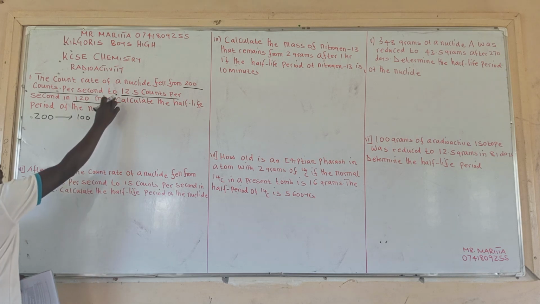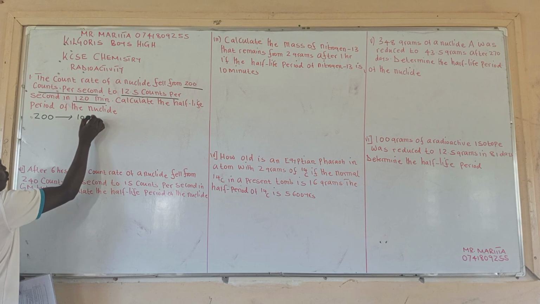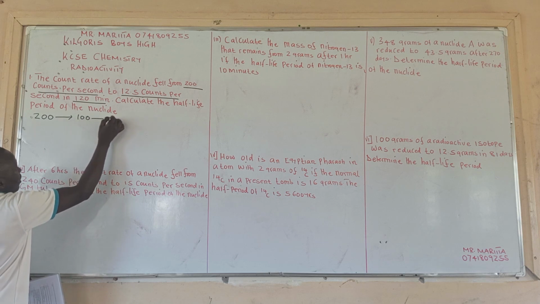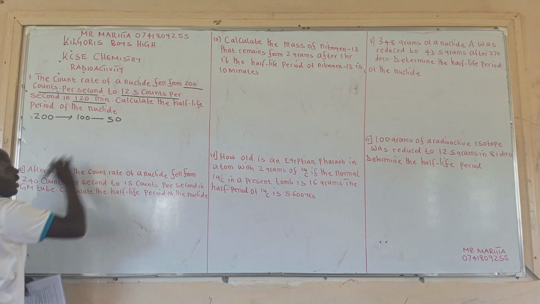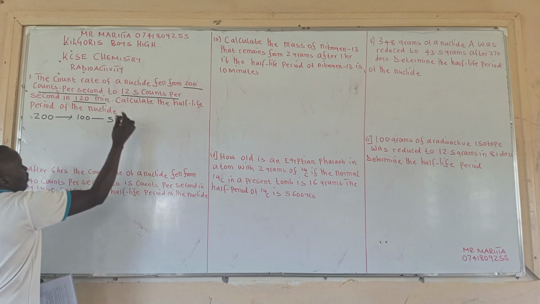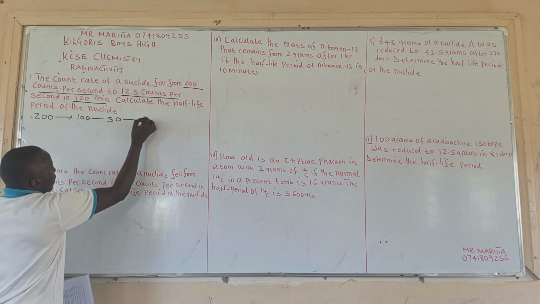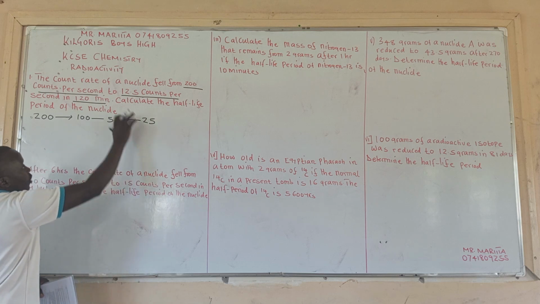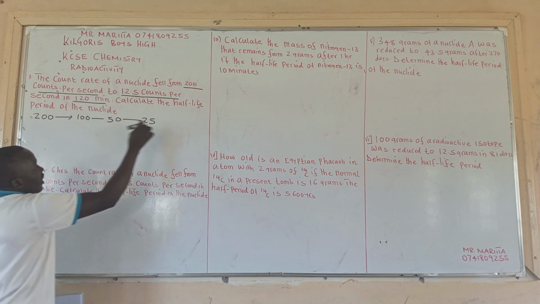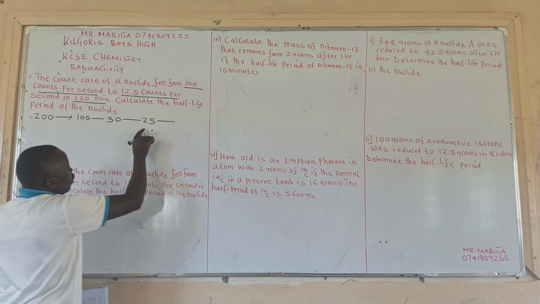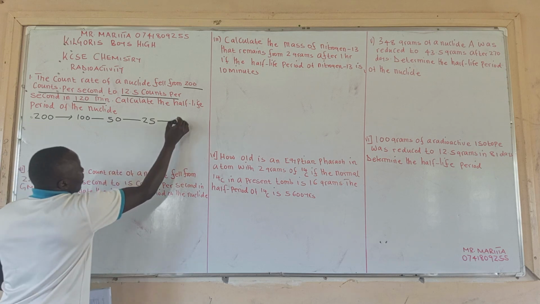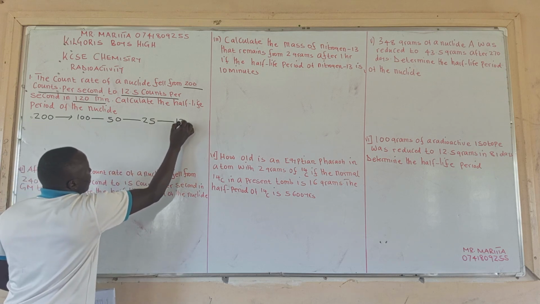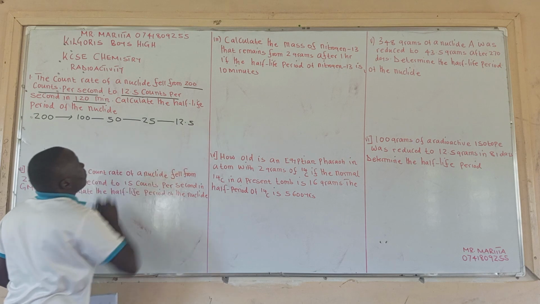We have not yet reached 12.5. A half of 100 is 50. But we are far away from 12.5. A half of 50 is 25. We are still far away from 12.5. And a half of 25 is 12.5.